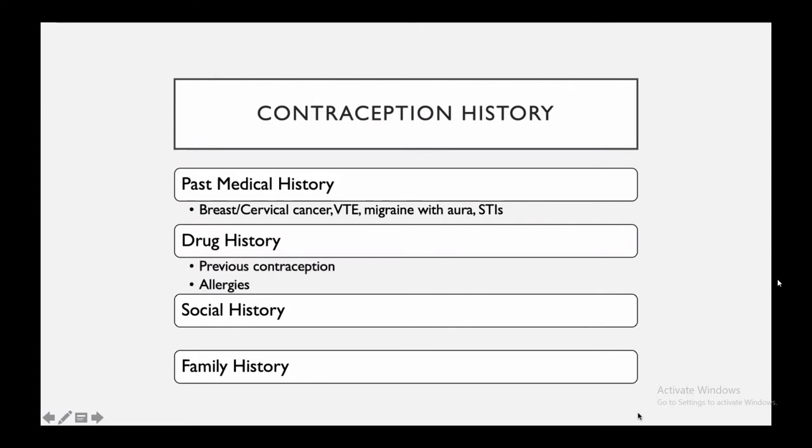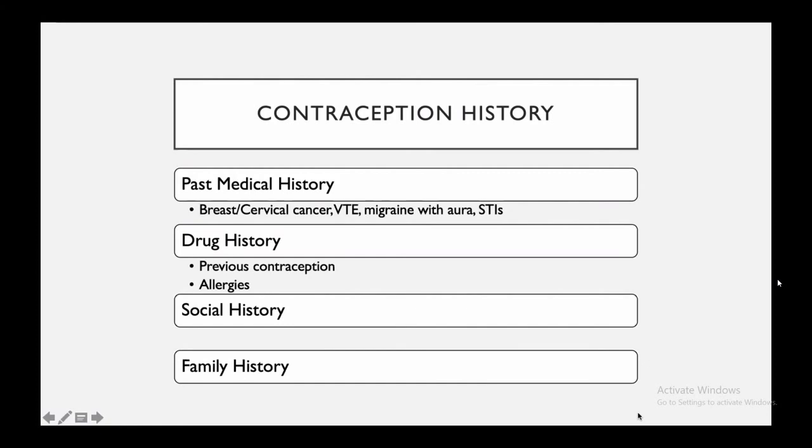For drug history, it's important to ask about previous contraception and obviously getting more details about the previous contraception, what worked and did not work, and any allergies to any medications.